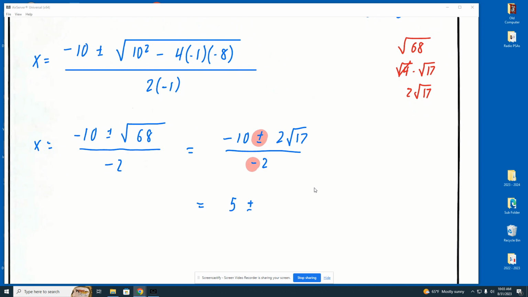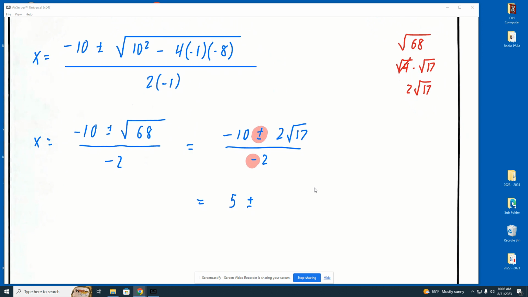So you never need a negative that follows the plus or minus. Now, the 2's cancel, essentially becoming 1 square root of 17. So my final answer, completely simplified, is 5 plus or minus square root of 17. From a logical standpoint, that would be 5 plus or minus 4.1, and then 5 minus 4.1.